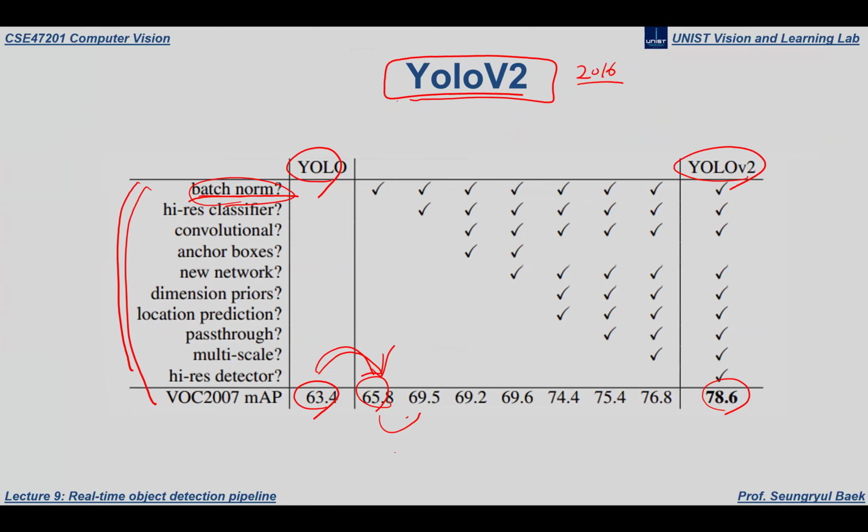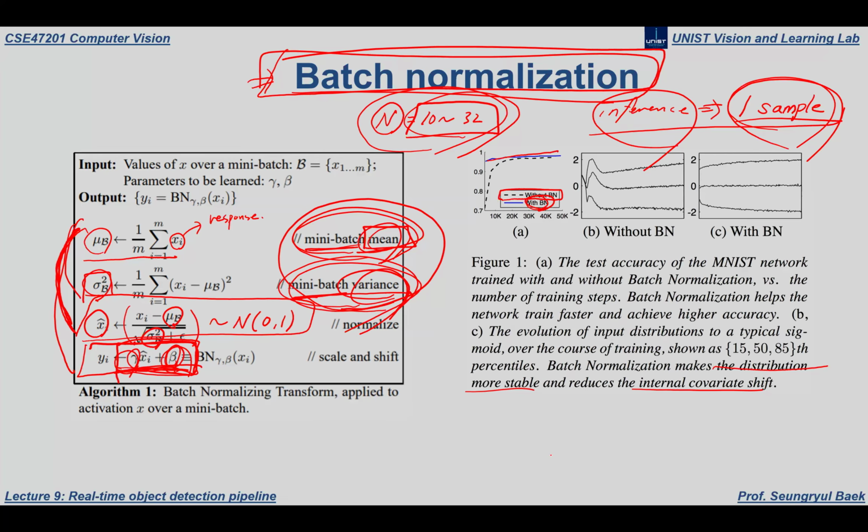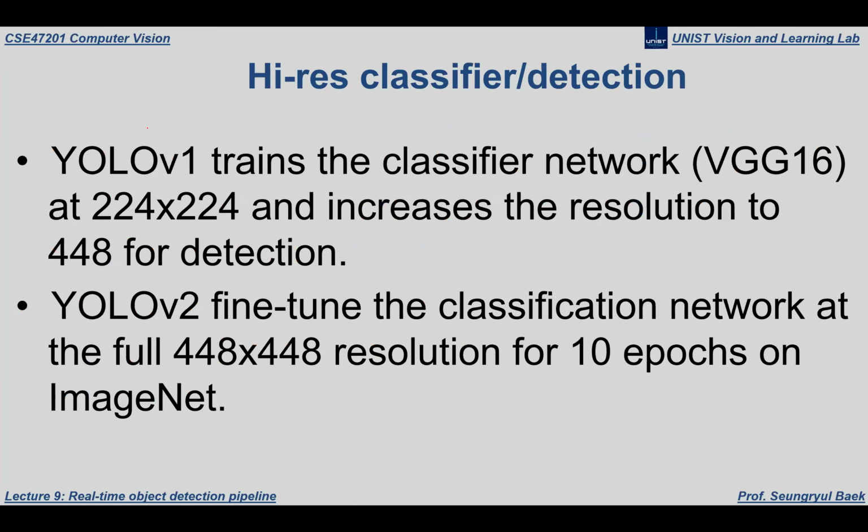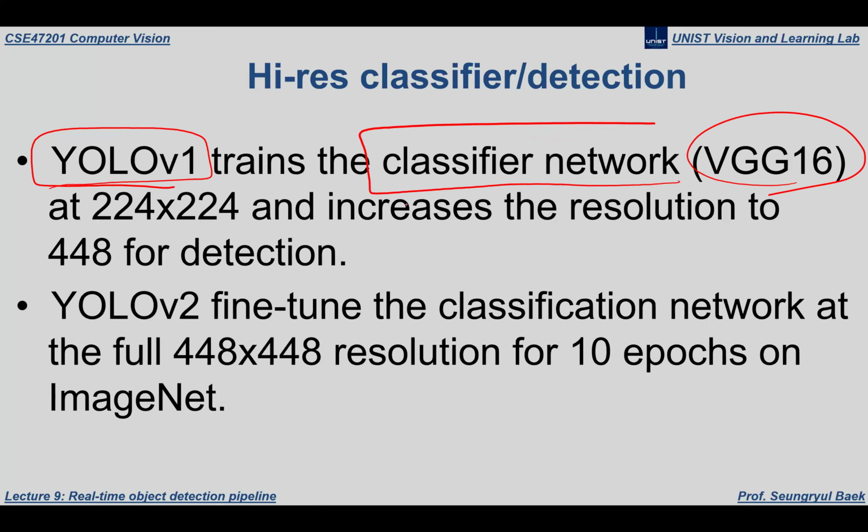And also the other scheme is the high resolution classifier. This is also a very simple thing, okay? So in YOLO version 1, they train their architecture. They use their backbone network from the VGG16 architecture, which was first proposed as an image classifier.